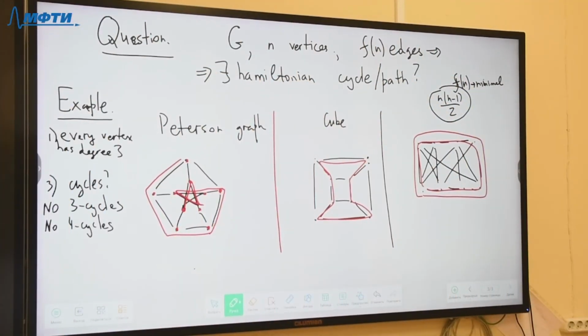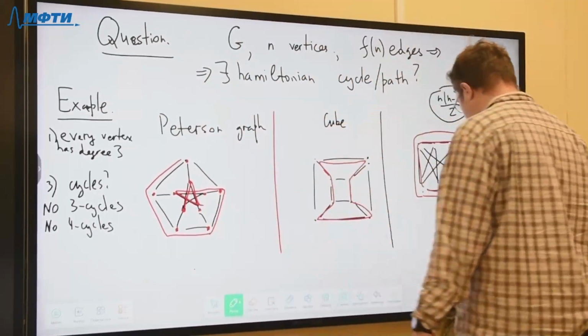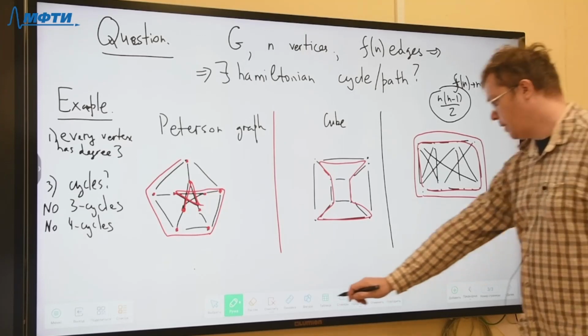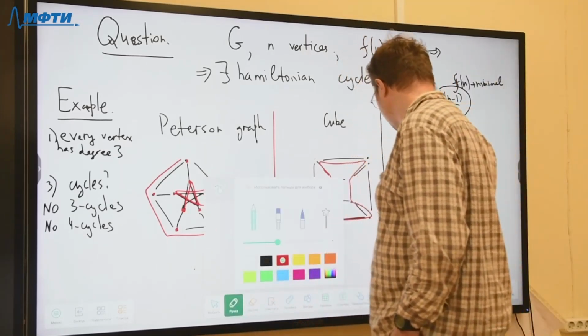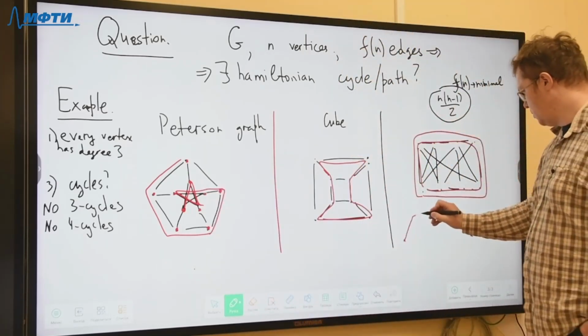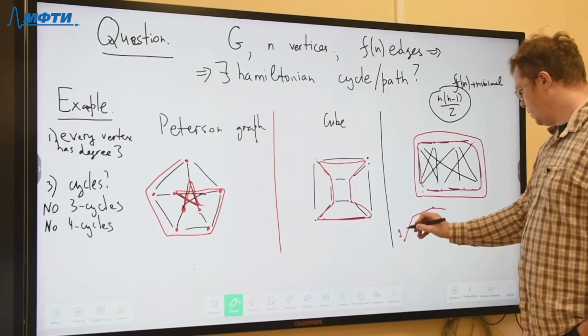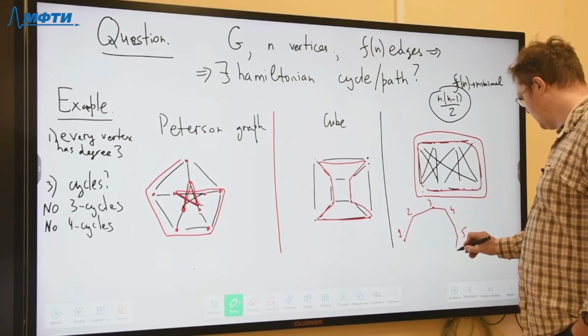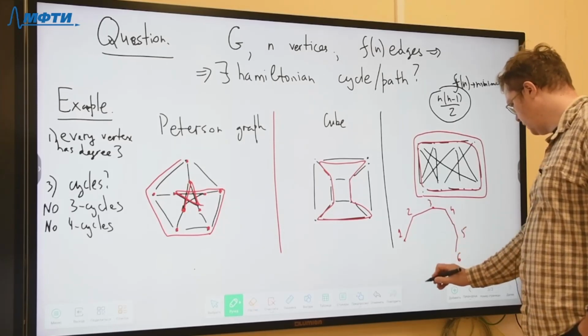So the question is, can we? Suppose we have a Hamiltonian cycle. Let's draw the cycle: 1, 2, 3, 4, 5, 6, 7, 8, 9, 10.